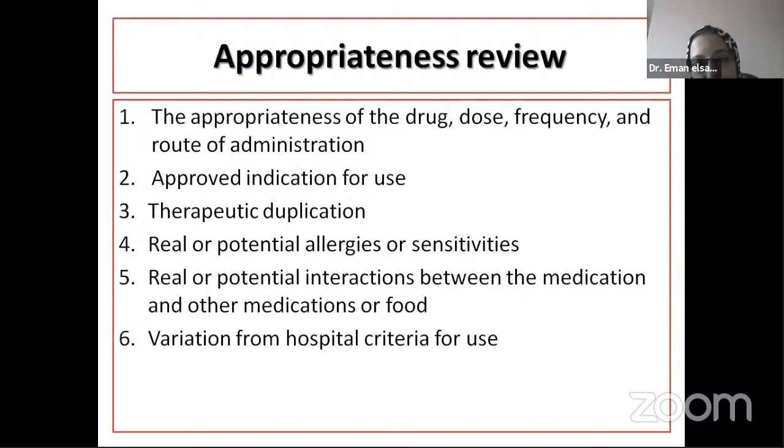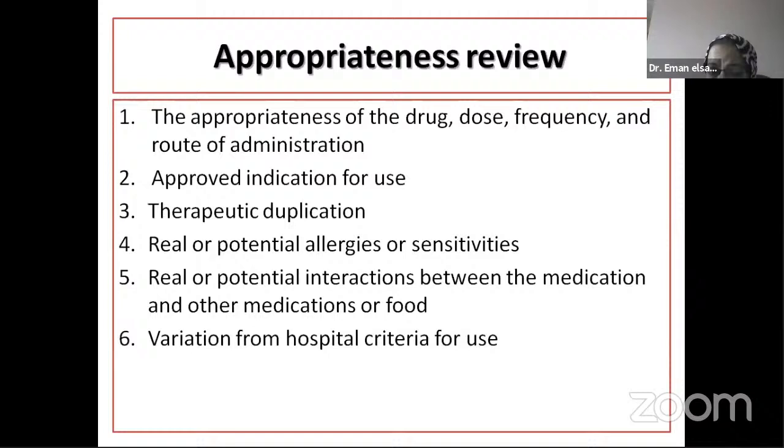So in some organizations, there is a hospital criteria for use of liraglutide because it's covered by the insurance company, or may be dispensed for free to the patient. So it's also related to the issue of money.